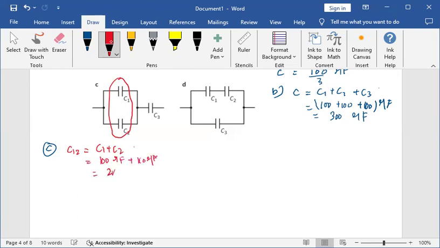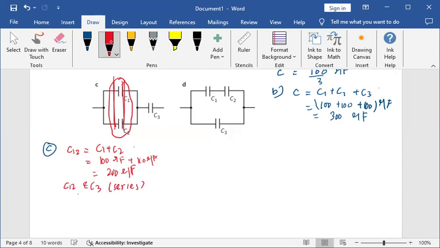So it will be 200 microfarad. So now this is one capacitor with capacitance 200 microfarad, and it will be in series with C3.